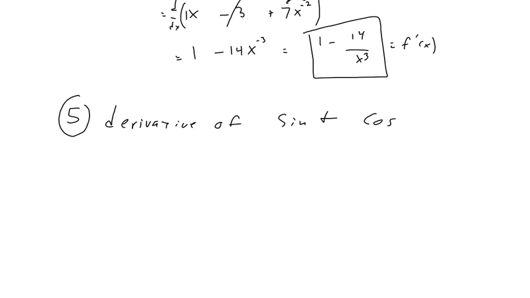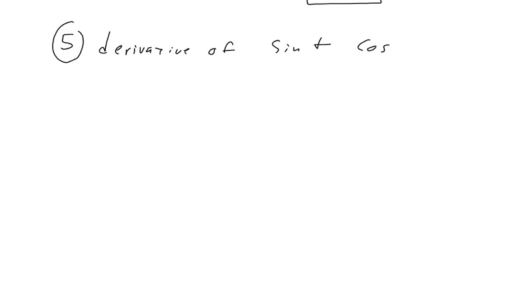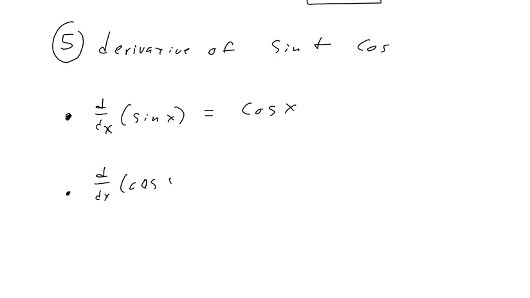So for the derivative of sine and cosine, the derivative of the sine of x is the cosine of x. Not too scary, right? There's number 1. Every time you have a derivative of sine, you'll get cosine. And similarly, the derivative of the cosine of x is, well, not so nice, negative sine of x.